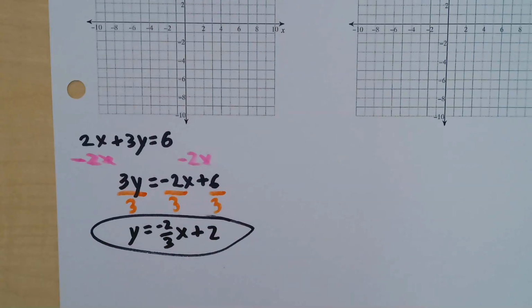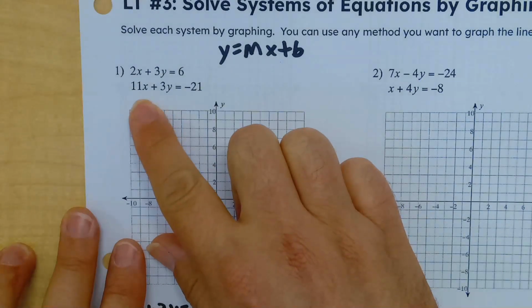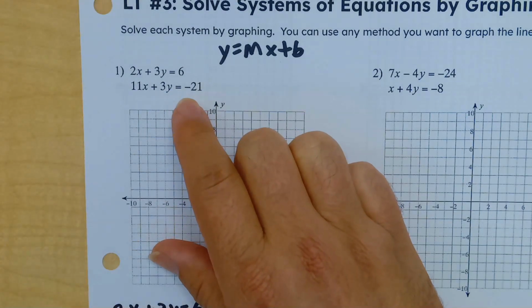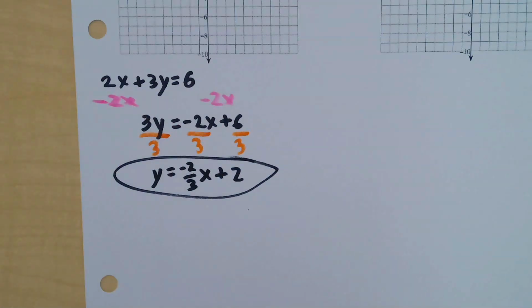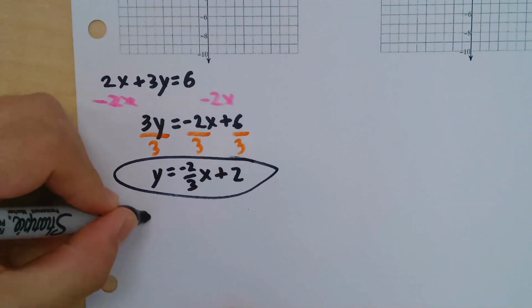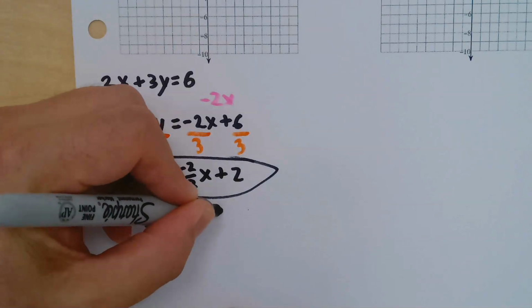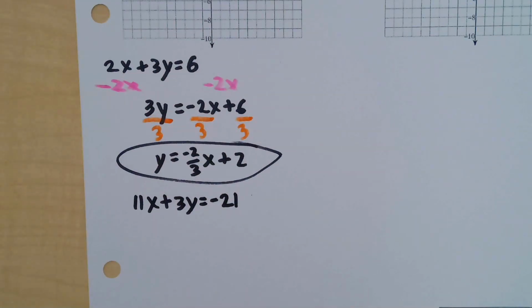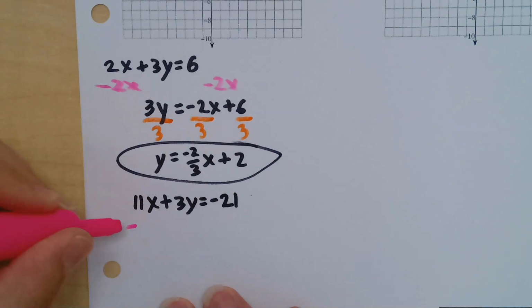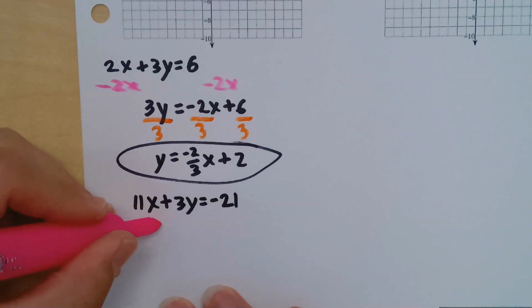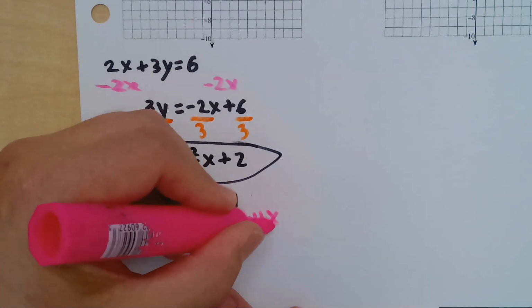Now the other equation, 11x plus 3y equals negative 21. I'm going to start off by rewriting that equation. 11x plus 3y equals negative 21. Okay, step 1, we're going to subtract 11x on both sides of the equal sign. Minus 11x.